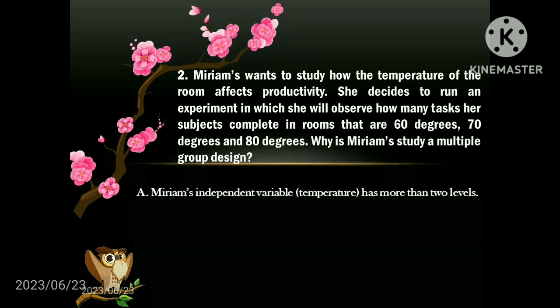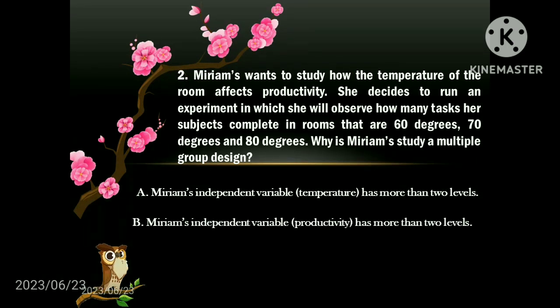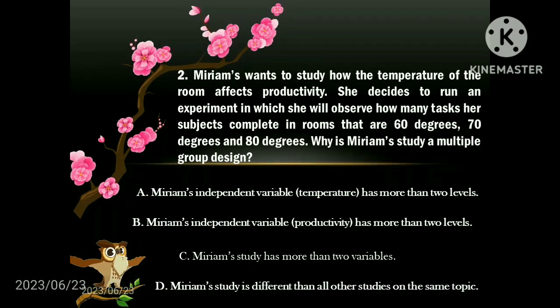Letter A. Miriam's independent variable, which is temperature, has more than 2 levels. Letter B. Miriam's independent variable, which is productivity, has more than 2 levels. Or letter C. Miriam's study has more than 2 variables. And letter D. Miriam's study is different than all other studies on the same topic. So, what will be your answer?